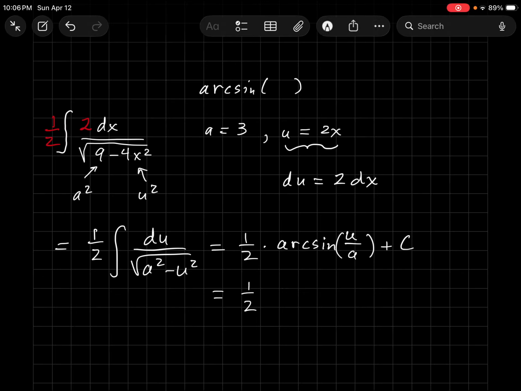And then we can substitute in our u, so with 1/2 the arcsine of 2x, and we can substitute in our a, 3, giving us the arcsine of 2x over 3, and then plus c.